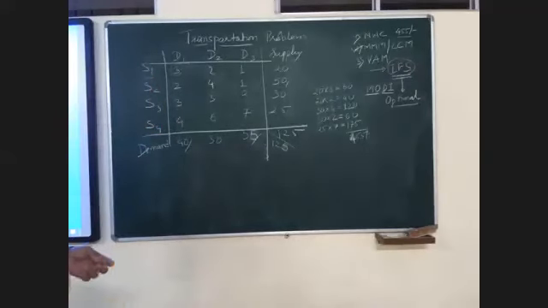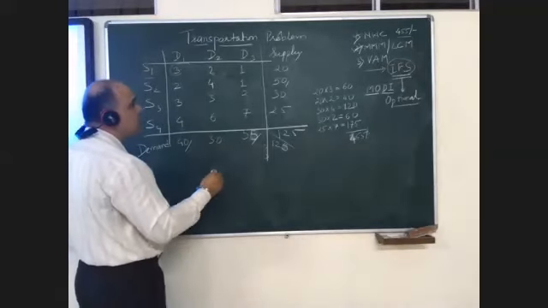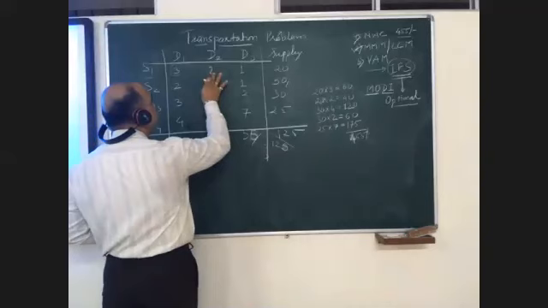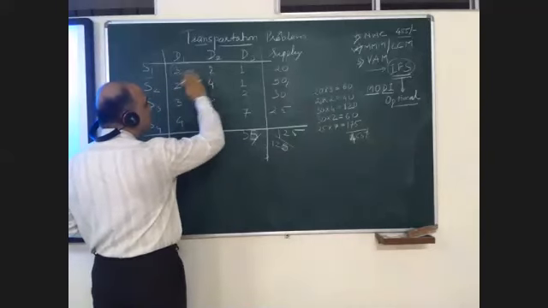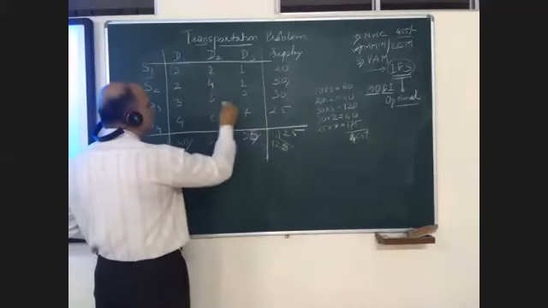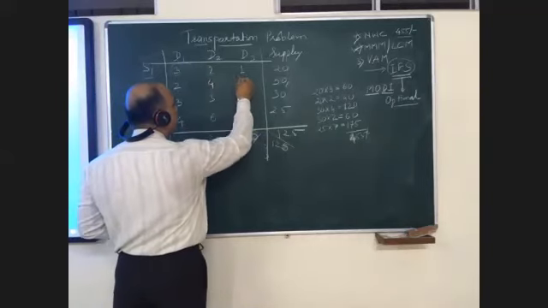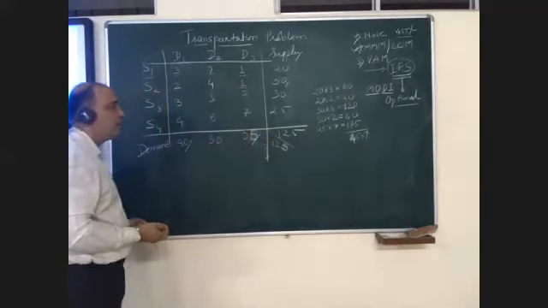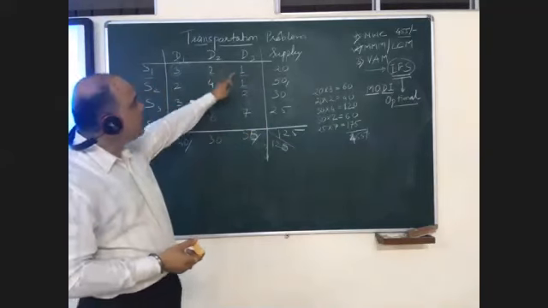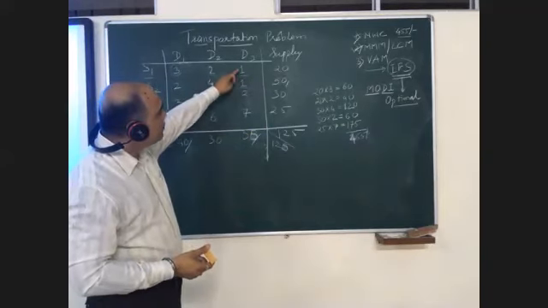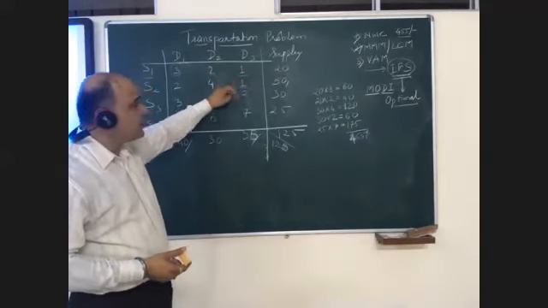The second method is the matrix minimum method. As the name itself implies, we need to choose the minimum cost, minimum among all. There are two minimum costs, 1 and 1. Now your question should be, on which one will we start allocating the units?